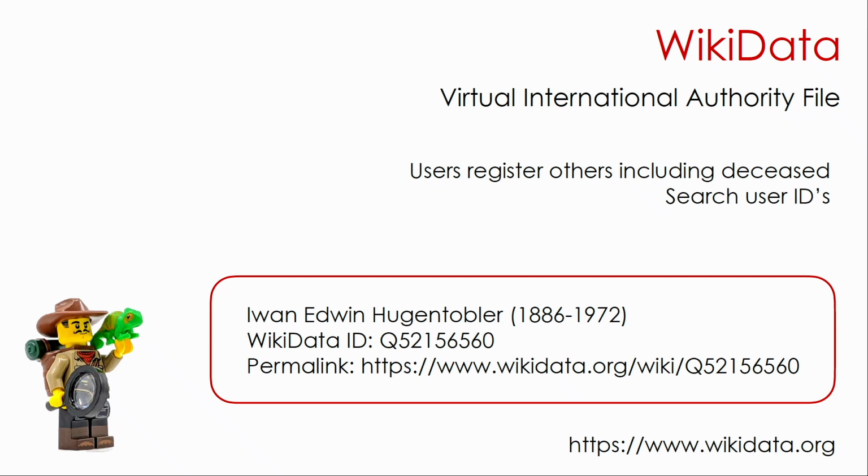Ivan Hugentobler, it's a random name, I don't know who that is. We'll get a number there, and I can put information I know about Hugentobler from our collections there. And if in Geneva you have also specimens of Hugentobler, you just add this permanent link of Wikidata in your database, and you get all this information about the person.